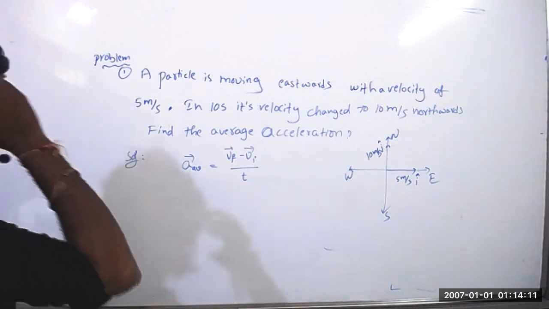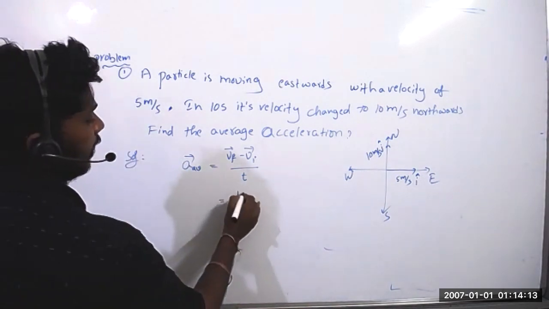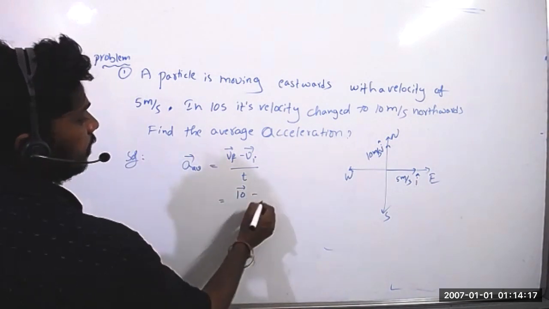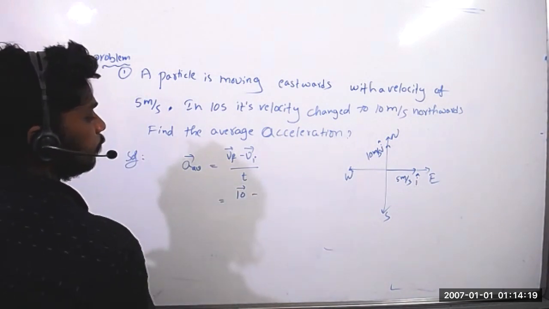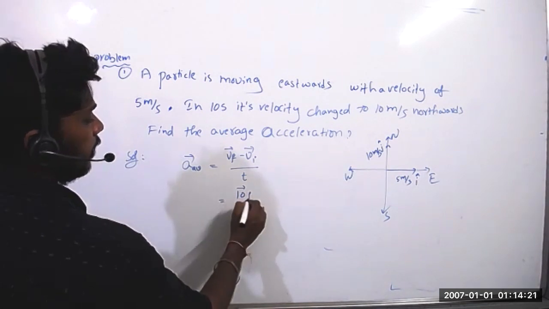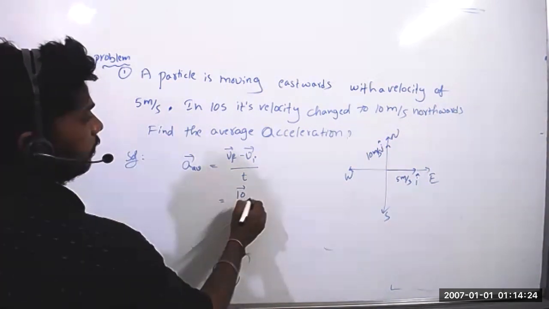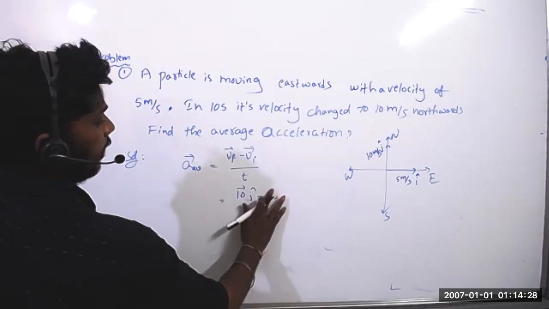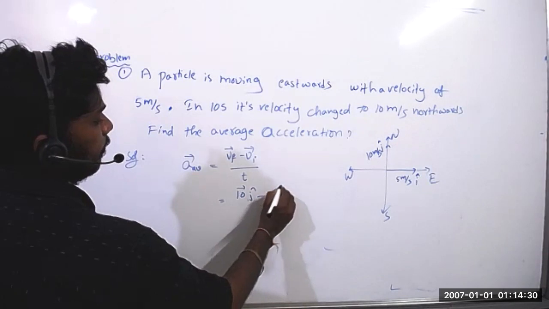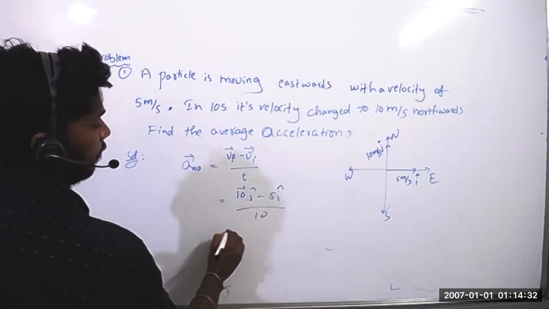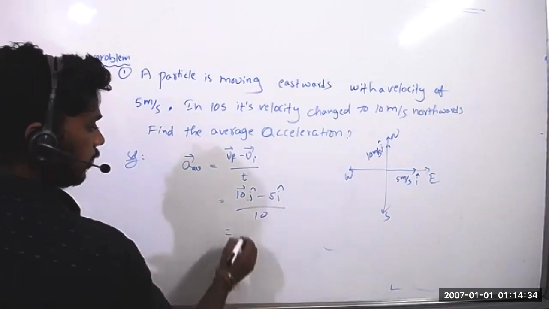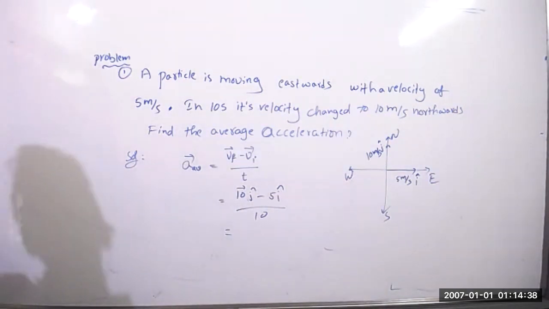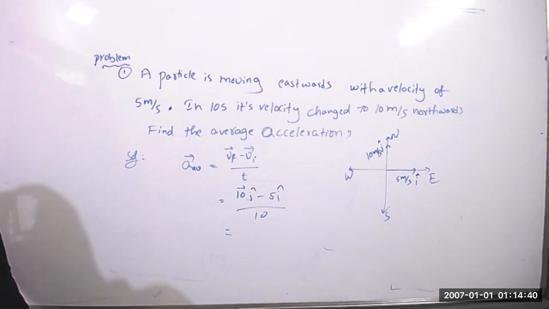Now see, Vf is 10 J cap, minus Vi, which is 5 I cap, by 10. So you have to write 10 J cap minus 5 I cap by 10.